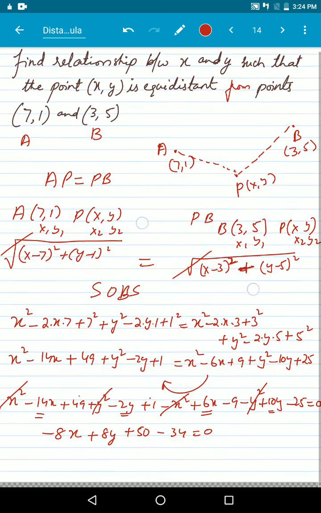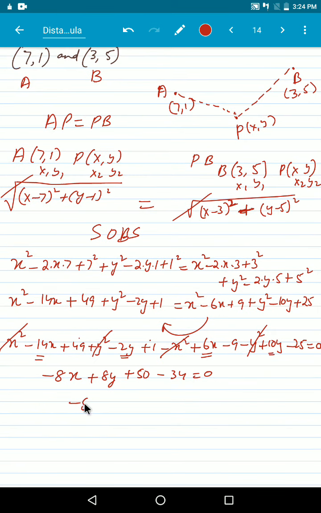So minus 8x plus 8y plus 16 is equal to 0. We have 8 here, 8 here, and 8 here also, since 8 twos are 16. So we can divide by 8 on both sides.